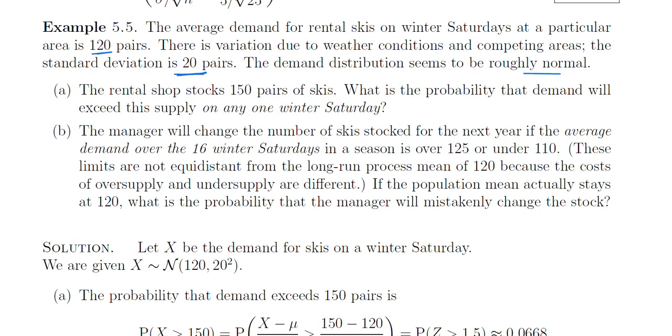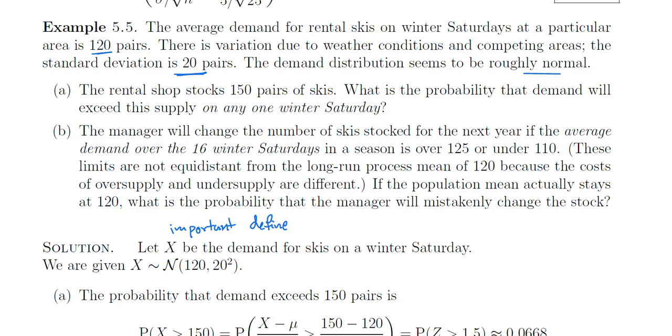If we just consider one winter Saturday, first of all, we need to define our random variable. It's very, very important to define our random variable because we're going to use a mathematical formulation of this question and answer it through scientific calculations.